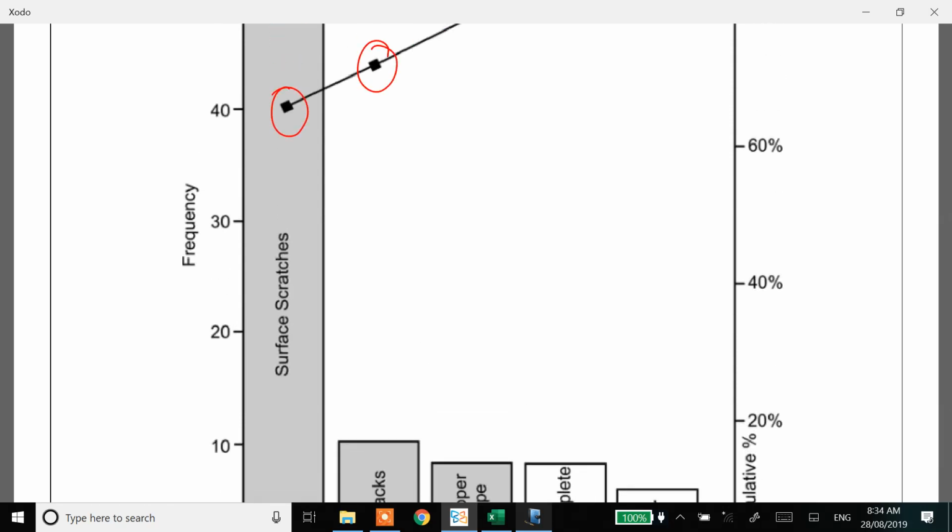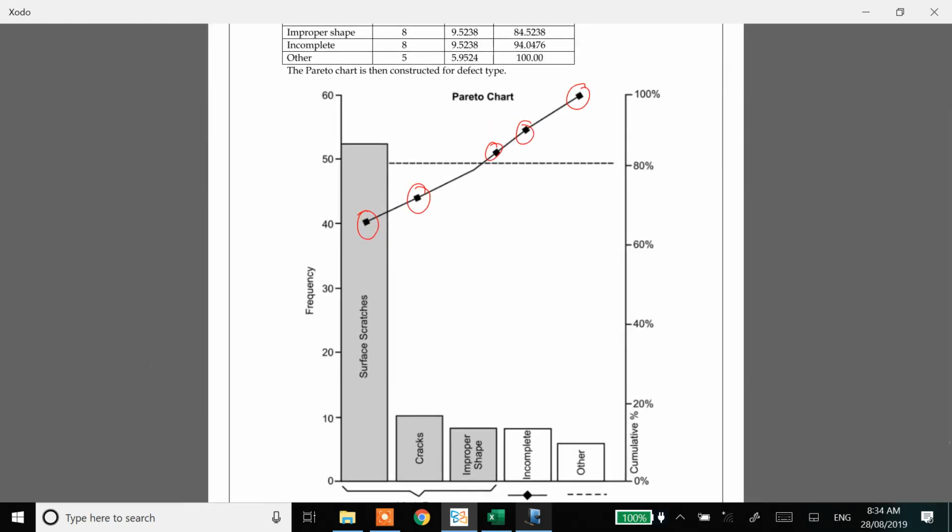Show this graph now. Show this graph. This is the graph.